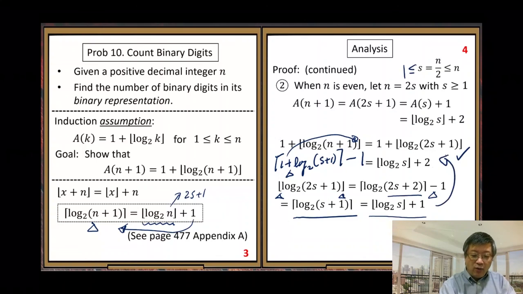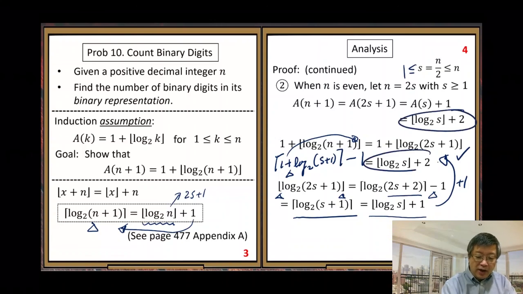Add 1 more to it, plus 2. After that, you compare left-hand side, right-hand side. Are they the same? Yes, they are the same. Then we conclude for case 2, it is also correct. So for both cases, our target is correct. So we complete the proof.